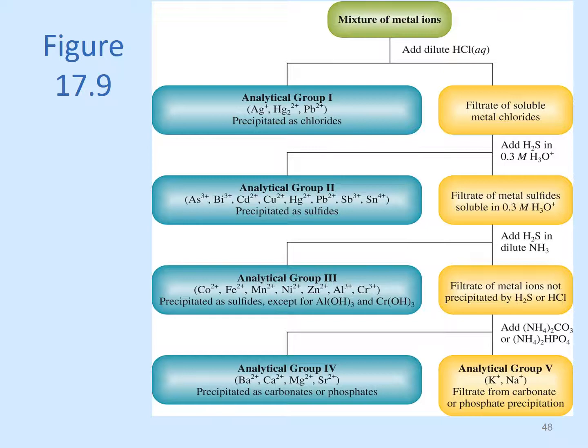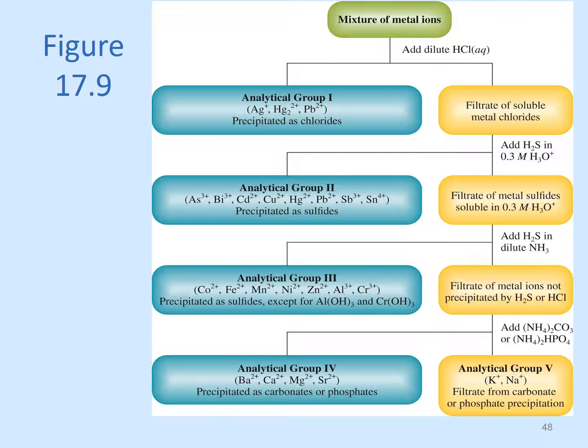So then if we take the supernatant after that separation and add H2S in dilute ammonia, then some more different ions will precipitate. But some of them still won't, and so we keep going through this, and eventually you've got different precipitates that happen along the line.